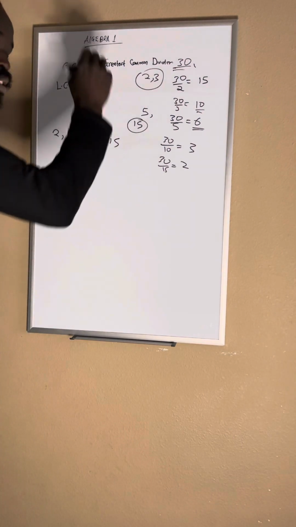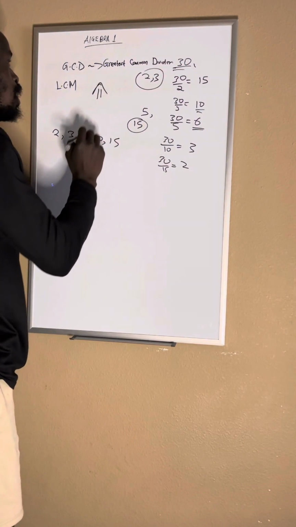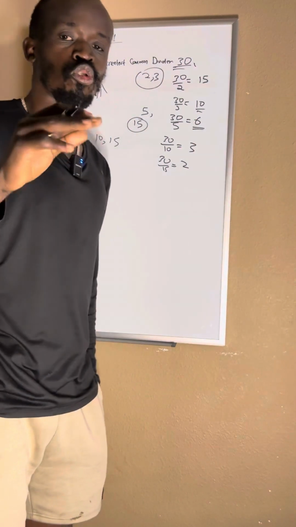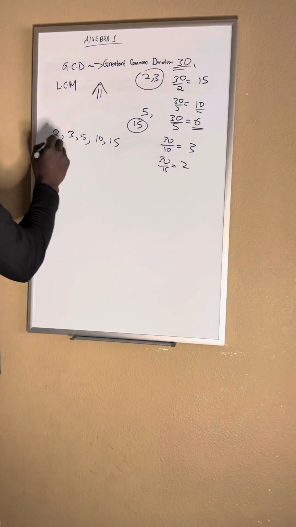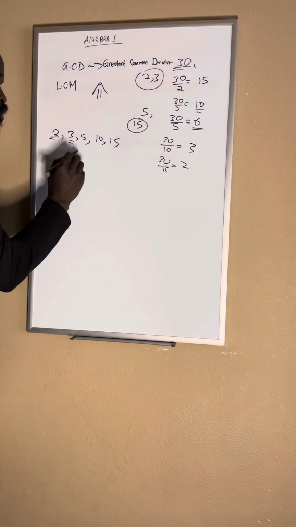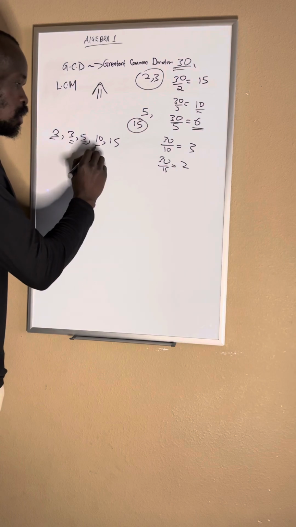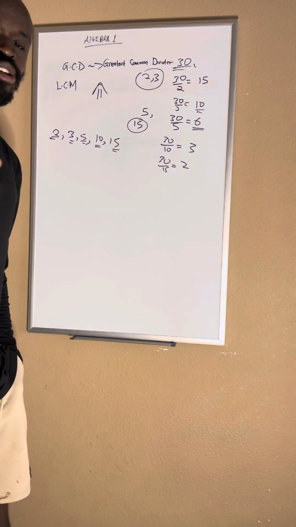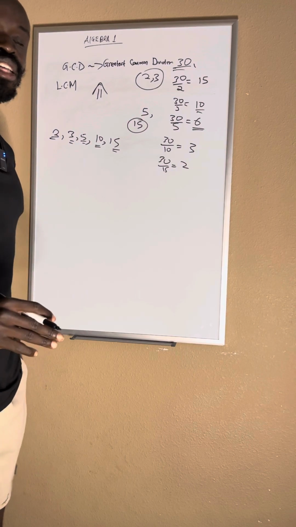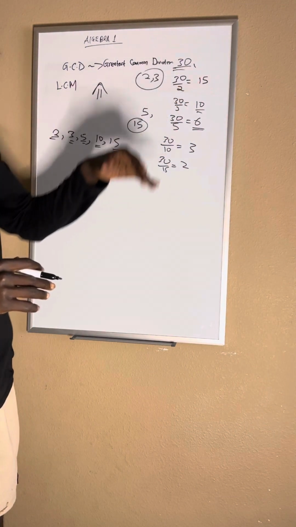And as we said on top of this, a GCD is the greatest common divider of a number to make it a whole number, okay? So among these numbers, 2, 3, 5, 10, and 15, which is the greatest common divider? You know, a number that's so big that when you divide it by 30, you get a whole number.